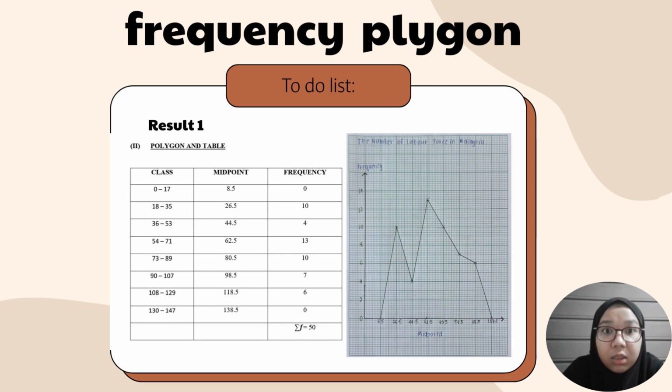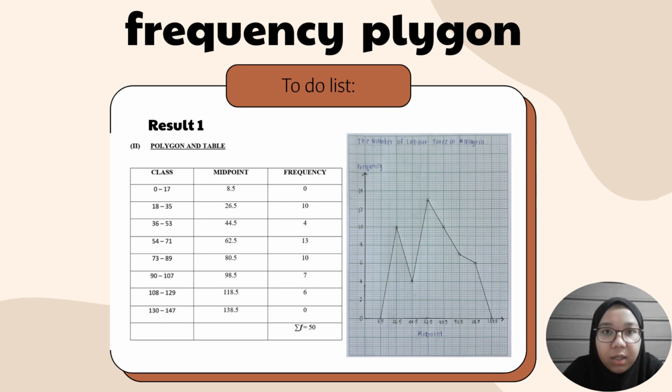For frequency 0, after adding a class, the second class midpoint we get 26.5, and for the third class the midpoint we get 44.5. For the fourth class the midpoint we get 62.5.